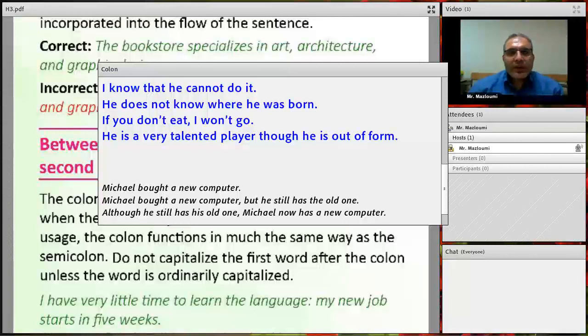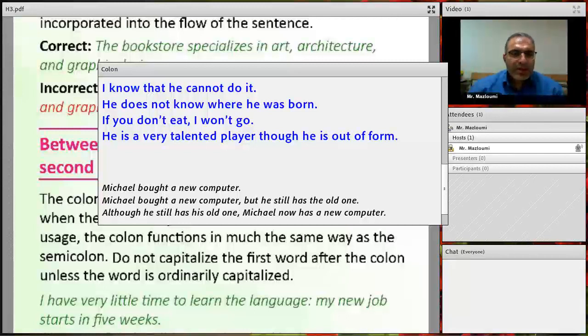I know what? It is a dependent clause. He cannot do it is a main clause, an independent clause. Okay, he doesn't know where he was born. So he doesn't know. A main clause. Where he was born, a dependent clause, a subordinate clause.